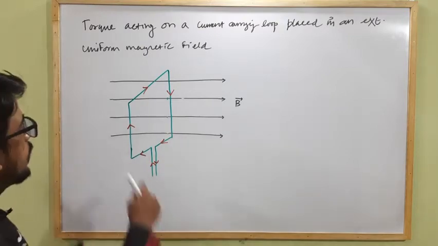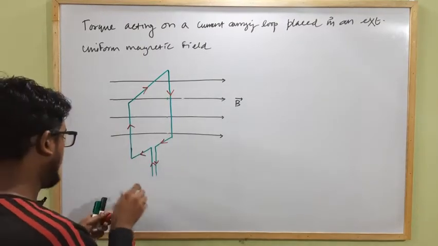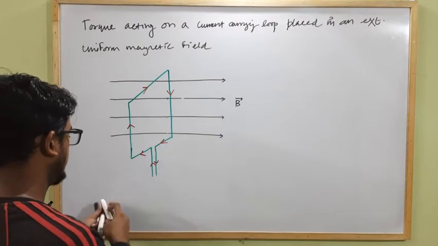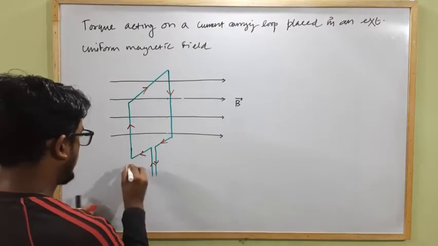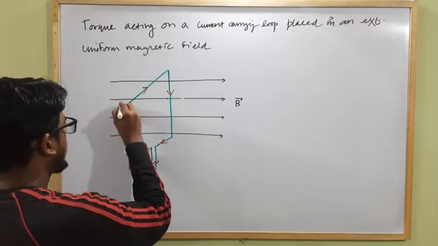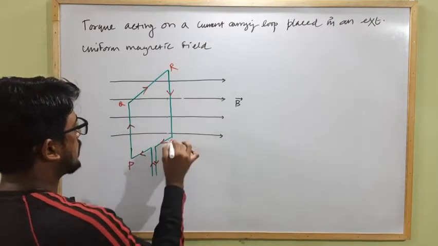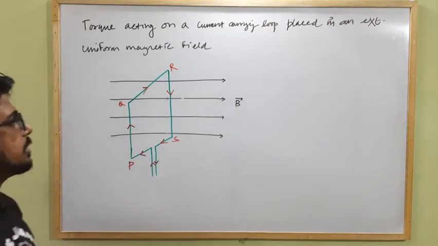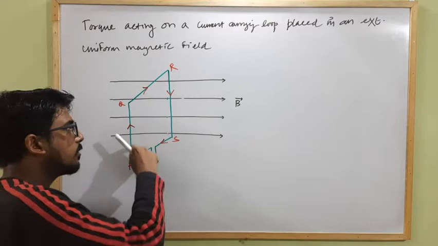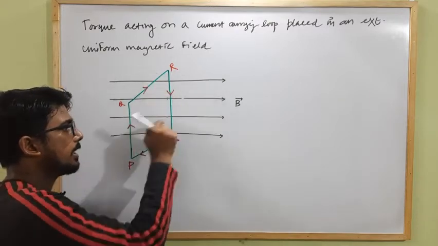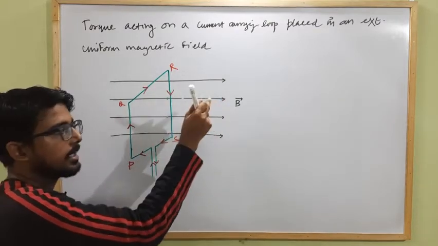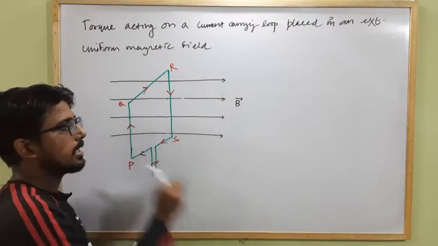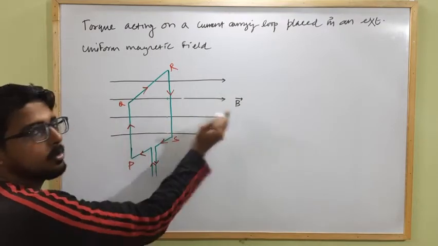So, when there is a current carrying loop, name it as P, Q, R, S. So here is a current carrying rectangular loop PQRS which is present in an external magnetic field B, which is acting horizontally from left to right.